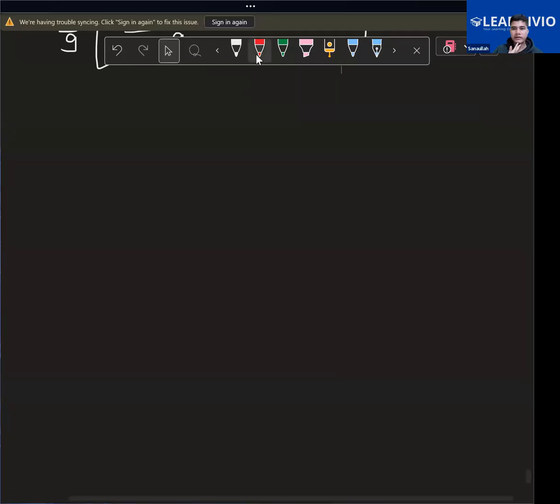That means you have been given a geometric progression: 2, 4, 8. This is a GP, right?